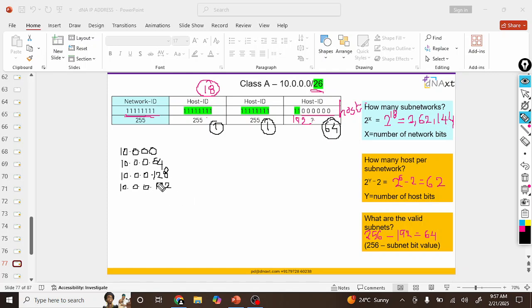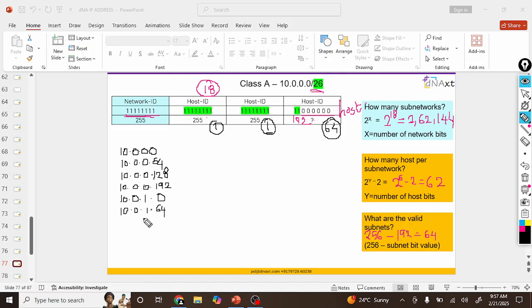When you add 64 again, you will get 256, so an increment in the fourth octet for writing the next subnet is not possible. So we will do an increment in the third octet, which is of 1. So 0 plus 1 is 1: 10.0.1.0, 10.0.1.64, 10.0.1.128, 10.0.1.192.